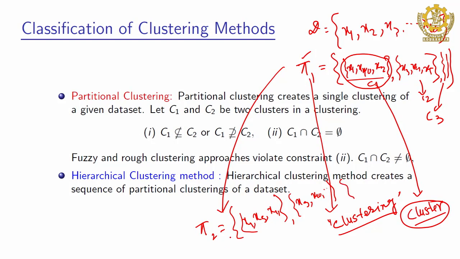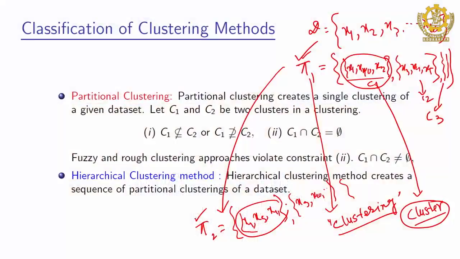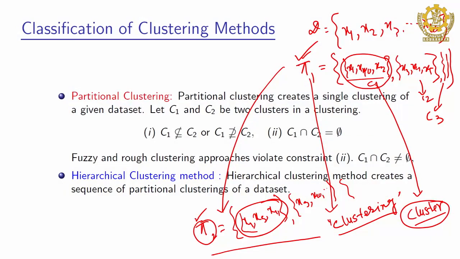So, this is a different partition or different clustering. Pi 1 is one clustering, pi 2 is another clustering, and you can get another clustering based on the output of a different clustering algorithm. So, two terms: cluster is this one, and the partition of the data is called the clustering. This pi is nothing but the partition of the data.